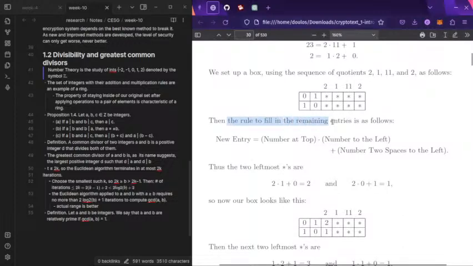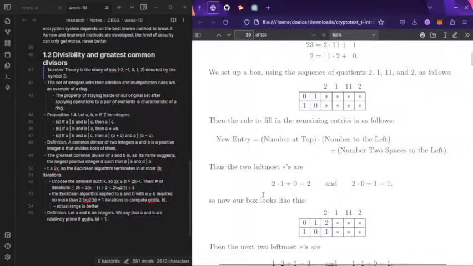Then the rule to fill the remaining entries is as follows. This is just a weird rule for how to do it. It's a bit confusing, but also self-explanatory. For the new entry, you take the number at the top times the number at the left plus the number 2 spaces to the left. So the number here is 0.